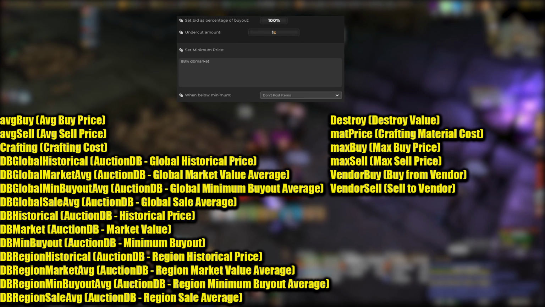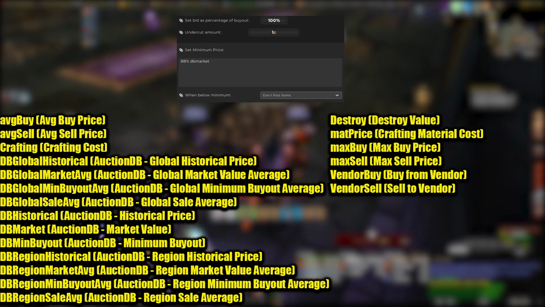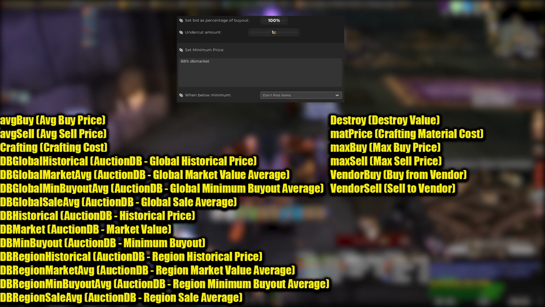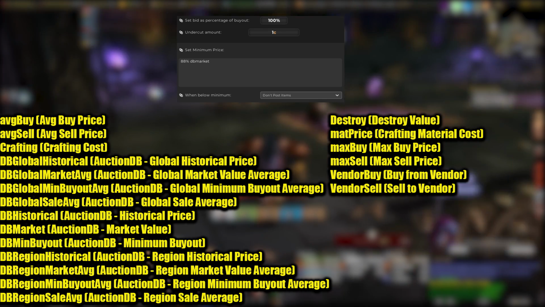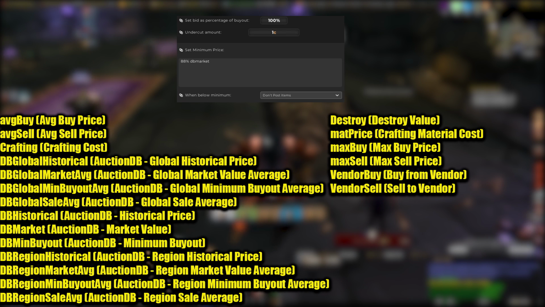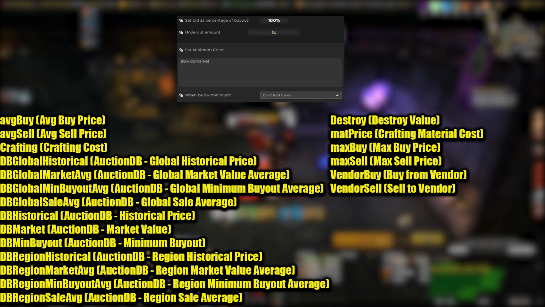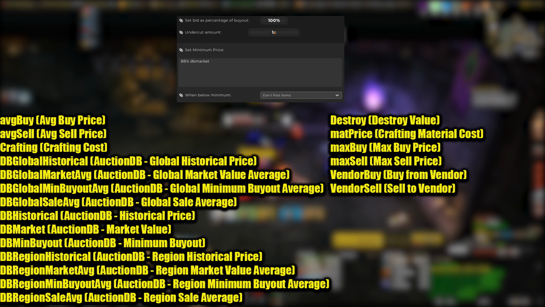So when it comes to my own settings that I personally like to use, I pretty much use the DB market value for absolutely all of my groups. I tend to set my minimum prices to be around the 70 to 85% of market value mark, depending on whether I've crafted the item for myself and I may have done it on the cheap, or whether it's going to be a particularly slow shifting item or a particularly high value item.